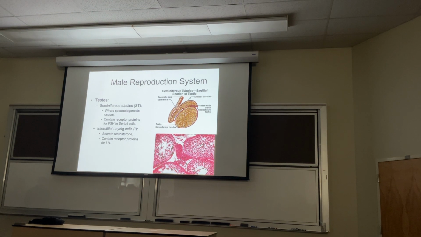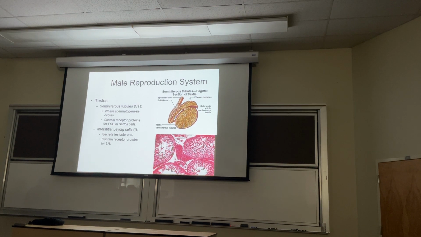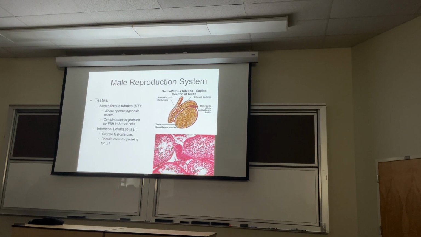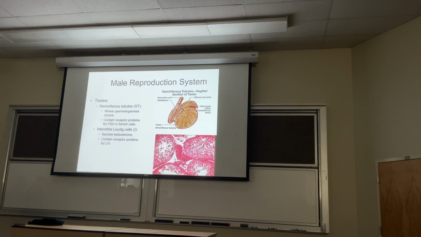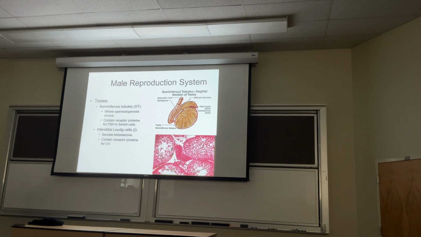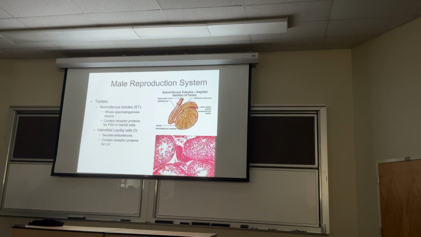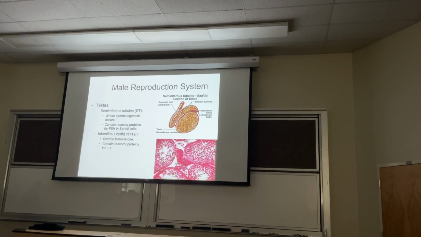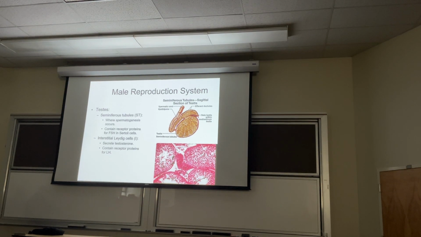This then goes to the efferent ducts, the straight ductules, which goes into the epididymis. The sperm is stored for often a long time in the epididymis, and that's where it gets full maturation and capacitation. And then it goes on through the vas deferens and on into the body. And we'll look at the rest of the reproductive tract a bit later.